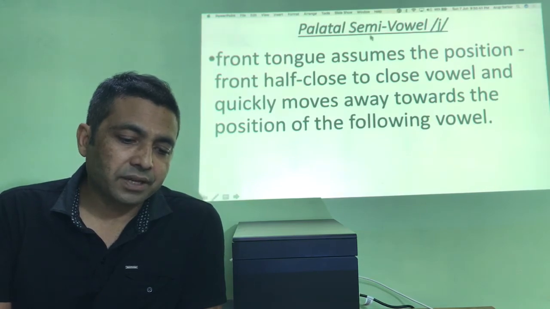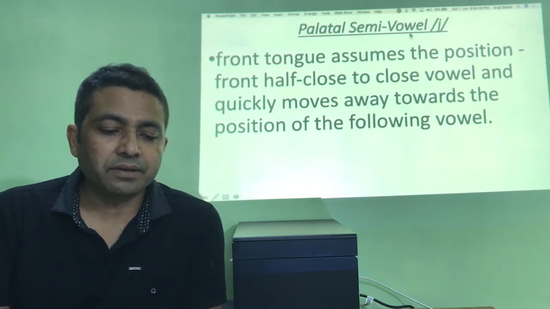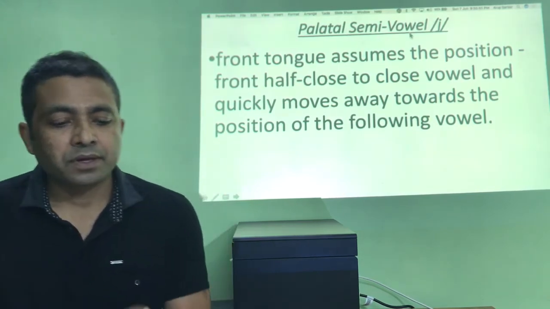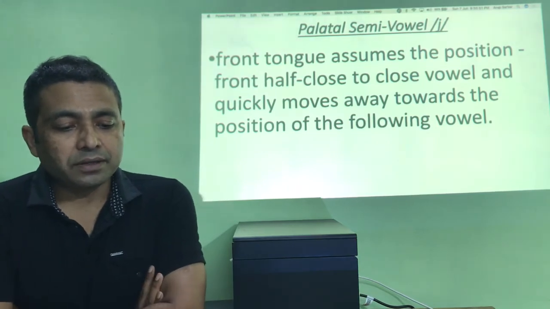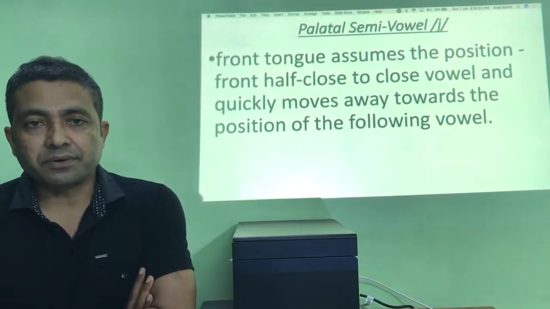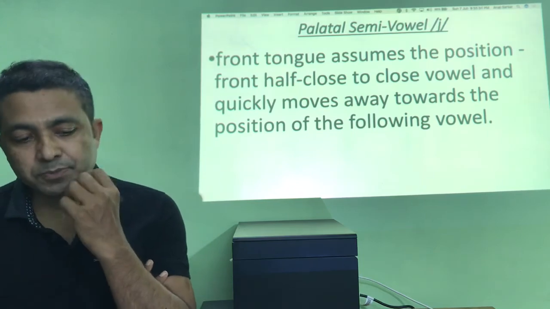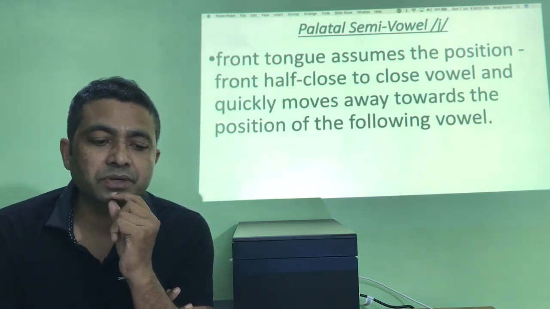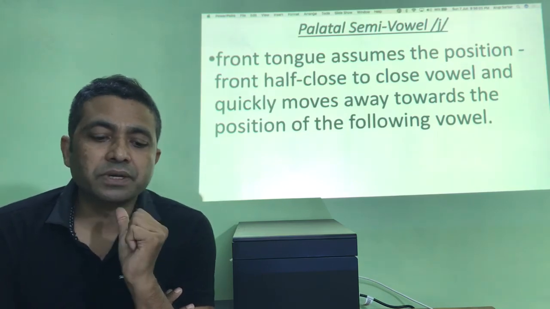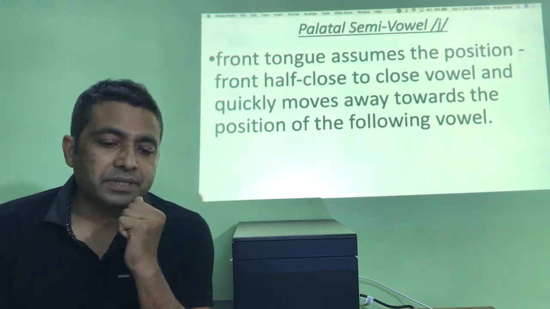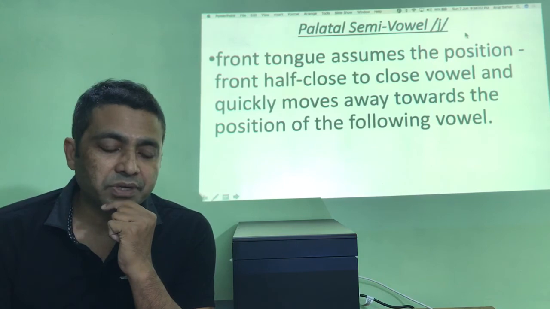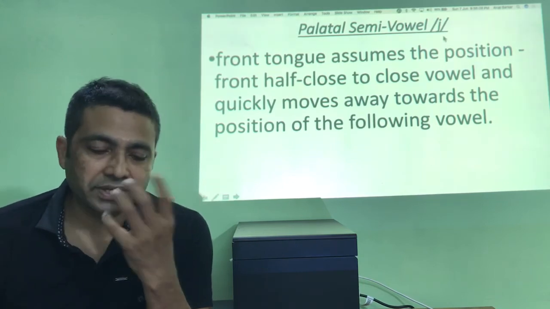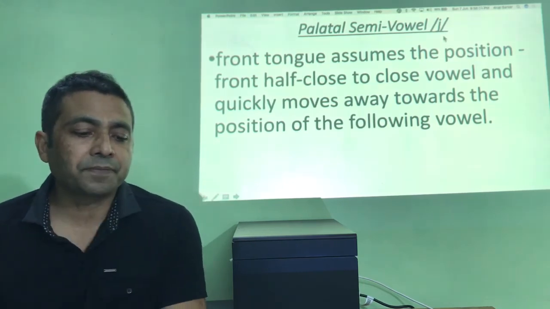Then we have palatal semivowel, ya. It is a palatal semivowel. It is a semivowel because for a vowel sound, we know that the air should come spontaneously. Continuity is there, number one, and number two, it must be able to be the nucleus of a syllable. But ya is unable to be the nucleus because of the quickness of the movement of the tongue.